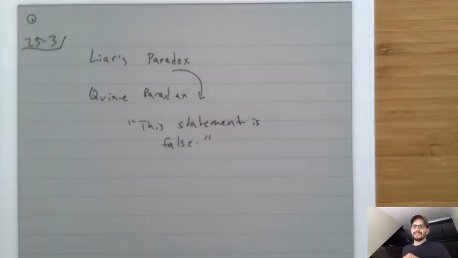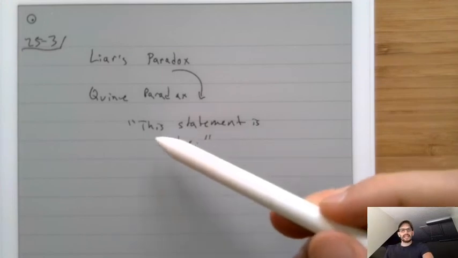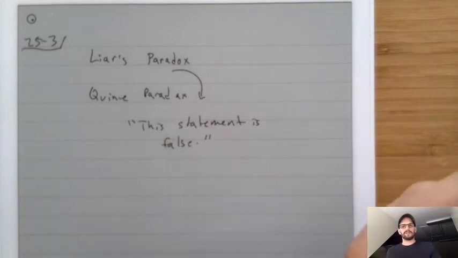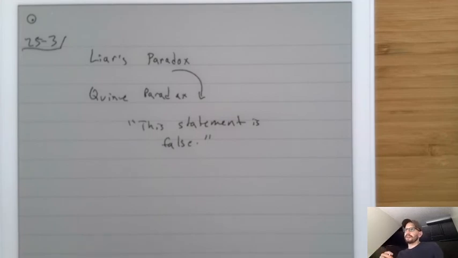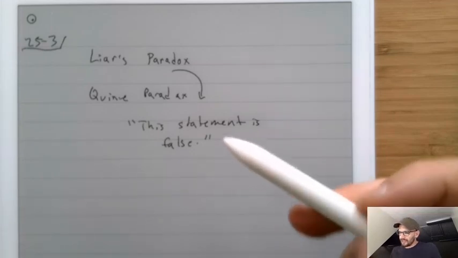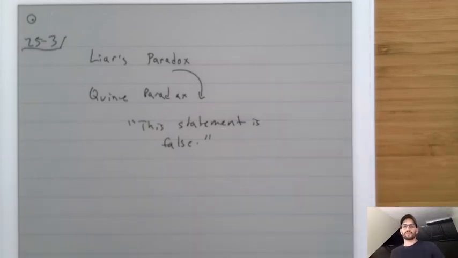And because English allows statements to talk about themselves, there's this reflective capability. Turing machines happen to have that too because we can encode Turing machines as input, and thus they can talk about themselves. They can simulate themselves. They can look at their encoding. So we can construct things like the liar's paradox with Turing machines.